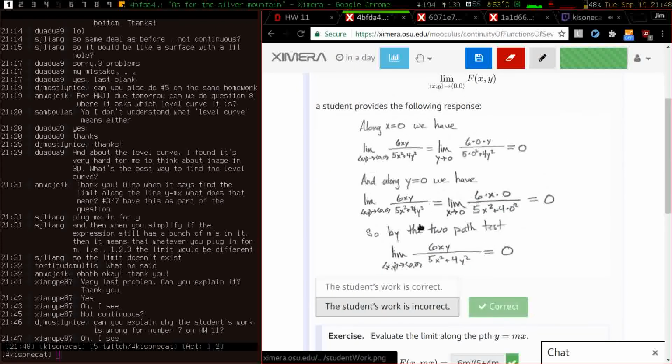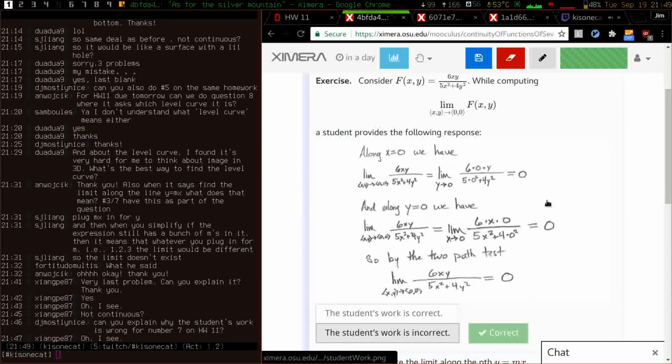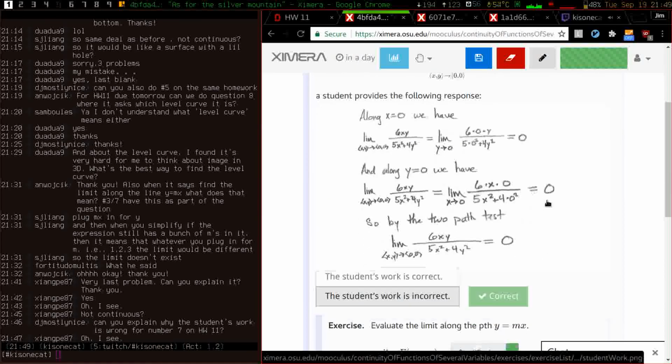Another way to say this is that this student could have succeeded in using the two-path test to show that this limit doesn't exist if they had just chosen some other path, say the path x equals y. When you move along x equals y towards the origin, then you're looking at the limit of 6t squared divided by 5t squared plus 4t squared, which is definitely not 0. Hopefully that helps.